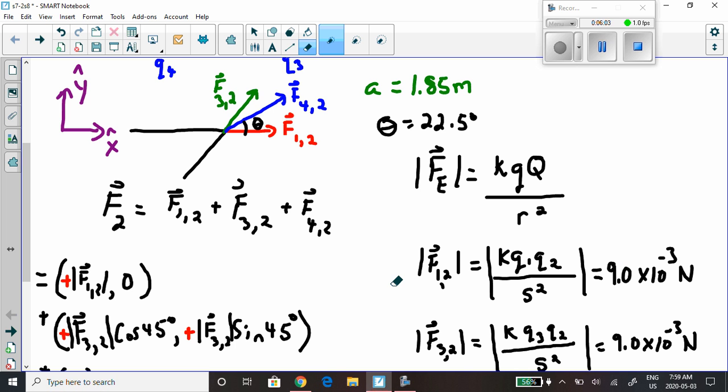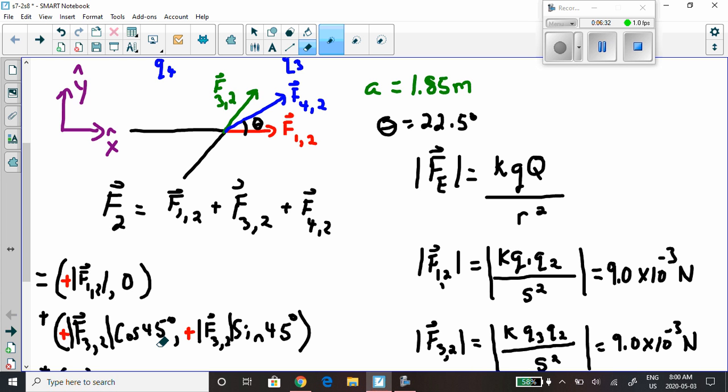Now we're going to do the electric force from charge Q3 onto charge Q2 in green. I need to know the magnitudes, which I just calculated. Here's the magnitude. But now I need to know the geometry of this. Well, it's just 45 degrees. So I'm going to break this green vector into its components based on 45 degrees. They're both in the positive direction. Look, positive sign, positive sign.